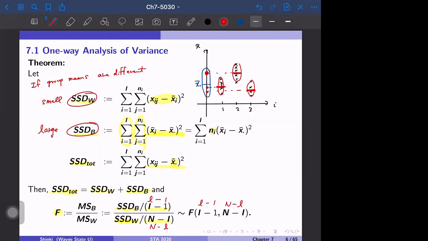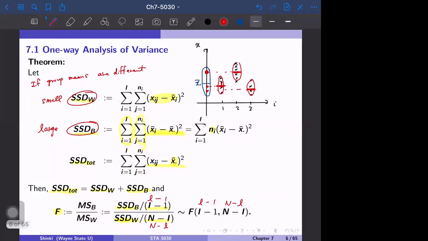So we can use this statistic to test. We have seen that if group means are different, then SSB is large and SSW is small, so F is large. So a large F rejects the null hypothesis that alpha 1 to alpha L are the same.